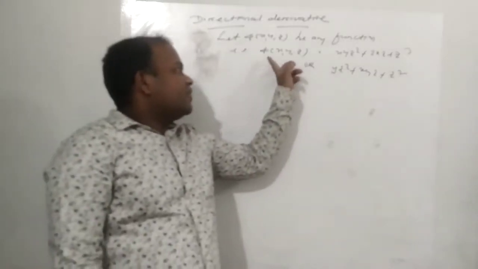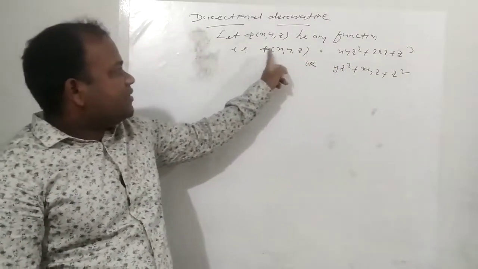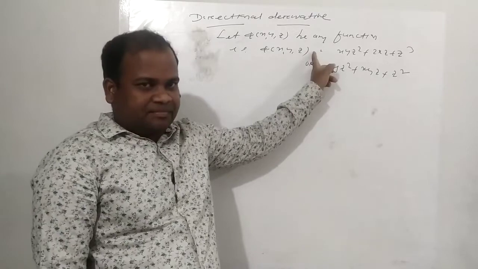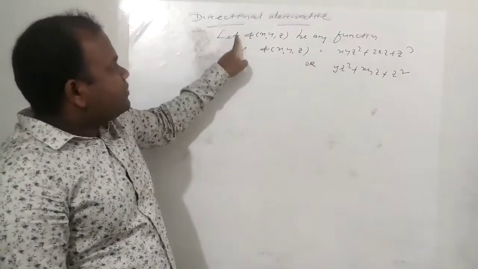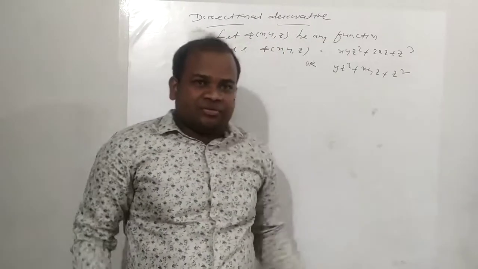Means phi is a function having the variables x, y, z. So let phi of x, y, z be any function.